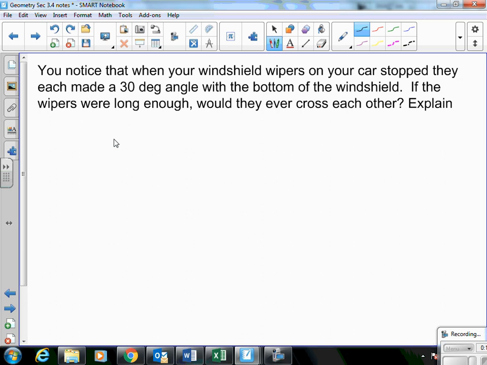All right, so next one, you notice that when the windshield wipers on your car are stopped, they each make a 30-degree angle with the bottom of the windshield. If the wipers were long enough, would they ever cross each other? Explain.